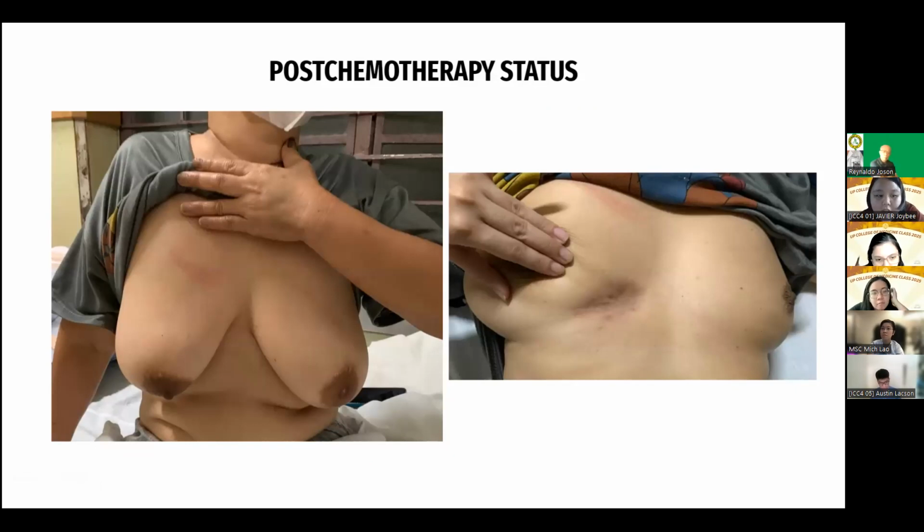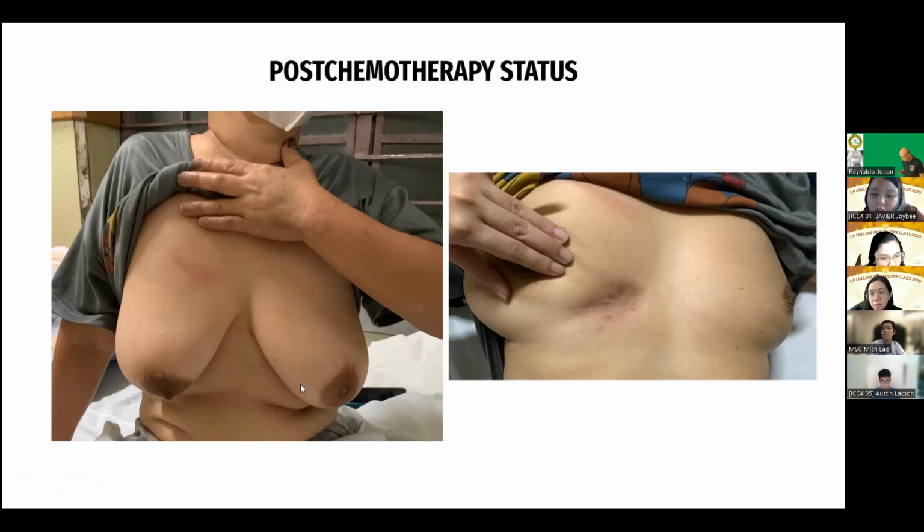So as the patient said, she didn't feel the mass anymore when she was examined by the doctor before, so parang di na daw nakapa yung bukol dun sa site, which is on the right side. So we also tried to palpate. We didn't palpate the tumor that she mentioned before.